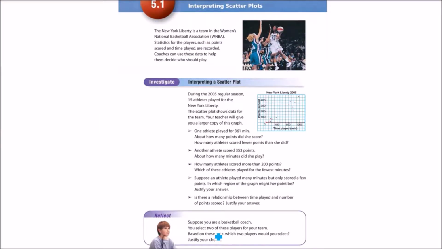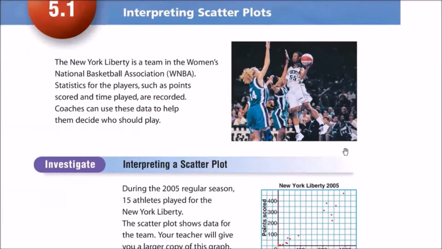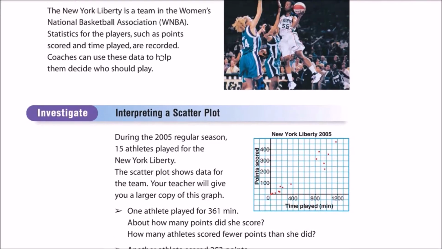So how do we interpret scatter plots, and what are scatter plots? Scatter plots are simply when you have some points lying in a plane, that is, scattered points, and when we plot these points using the Cartesian coordinate system, we call it a scatter plot.